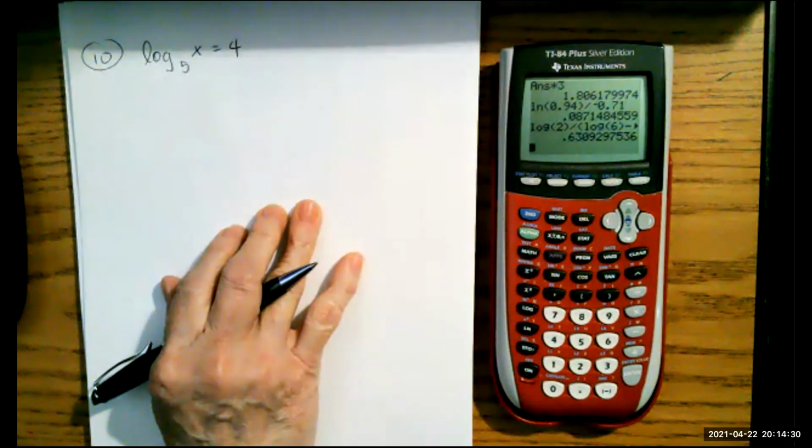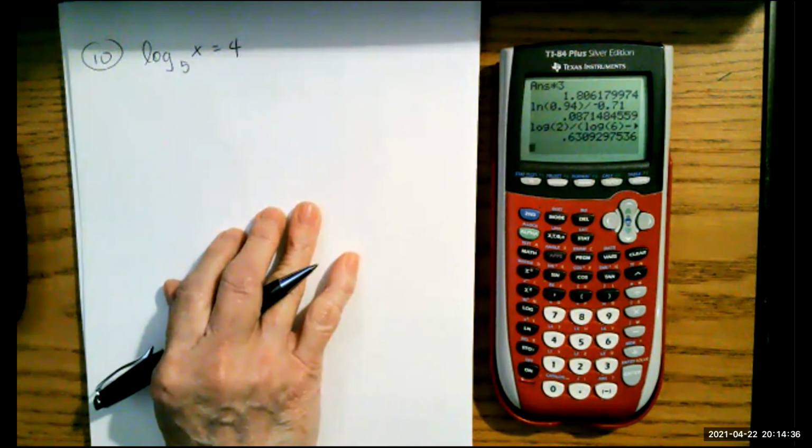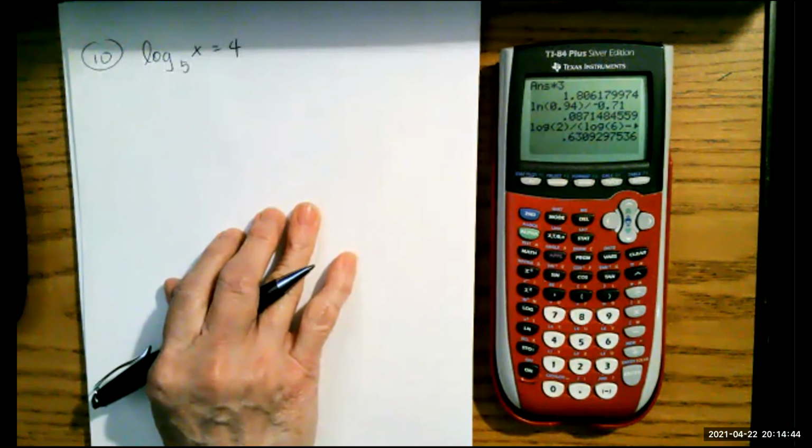So this one is in log form and they want you to change it to exponential form. Can anybody tell me how do I do that? I'm digging through my notes. Okay.